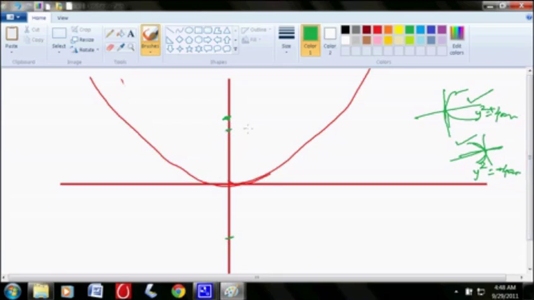So any point on this y-axis, as I discussed, is 0, a. So the directrix is lying here.